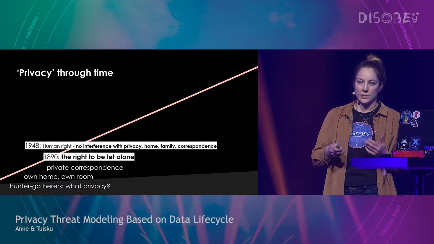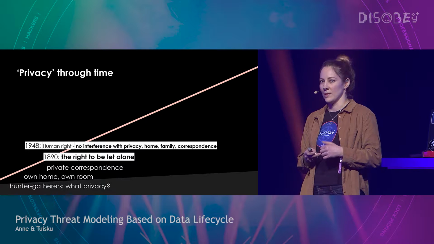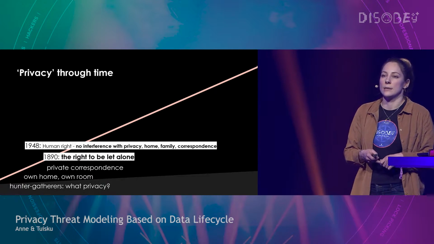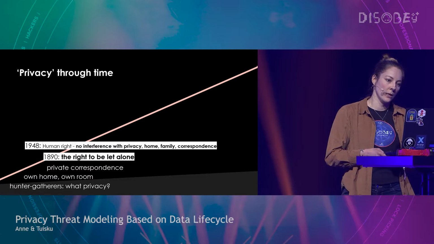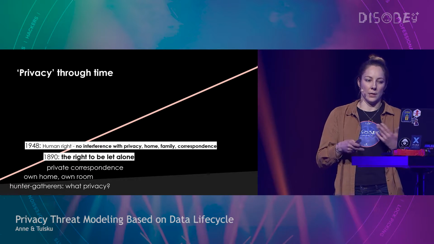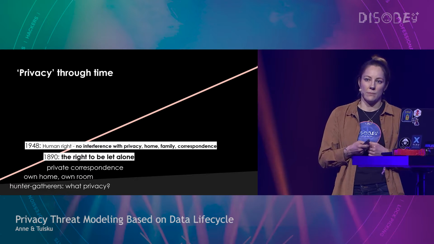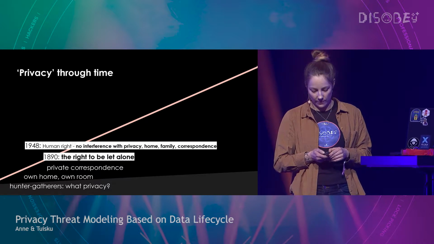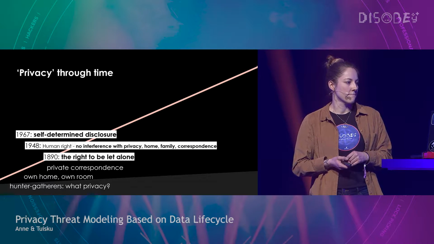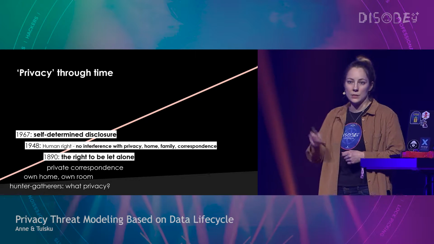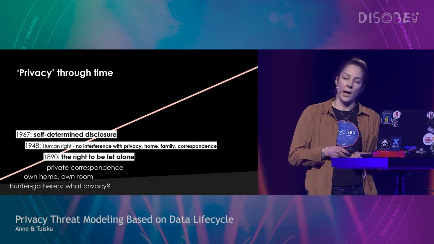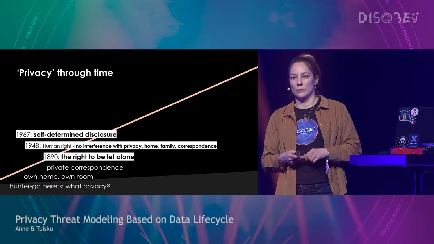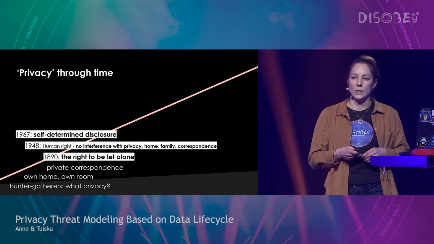After the Second World War, the idea of human rights came up. And privacy was recognized as a human right then. So people's private, family, home life, or correspondence should not be interfered with. Okay, this was an interesting one. Alan Westin in 1967, very influential piece. He wrote about privacy and freedom.